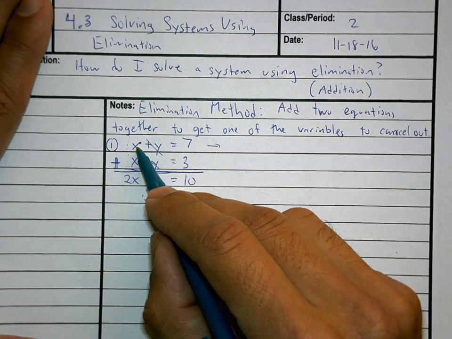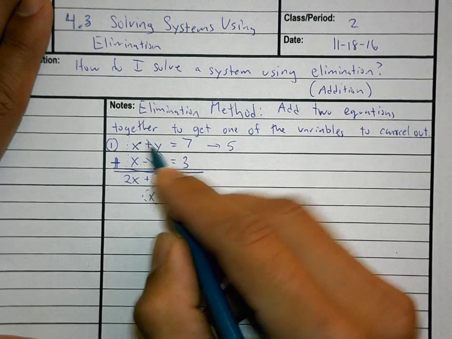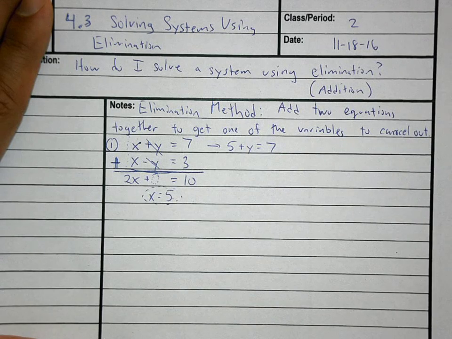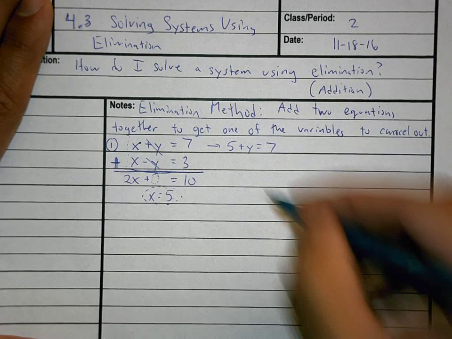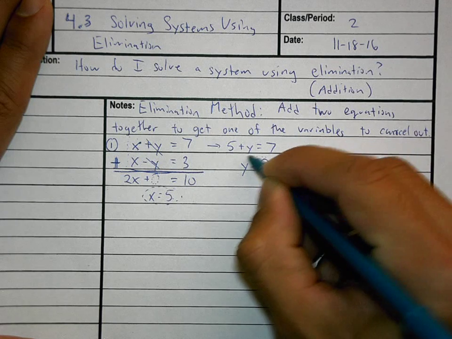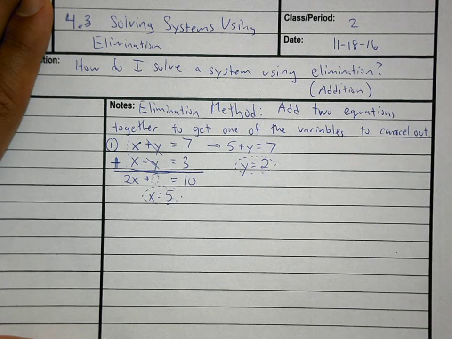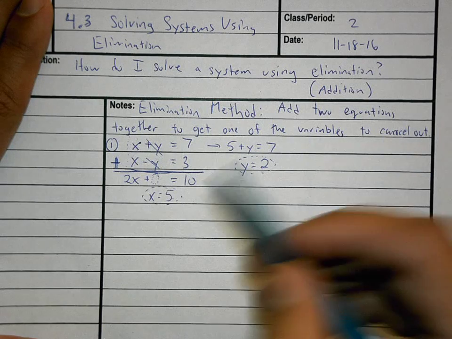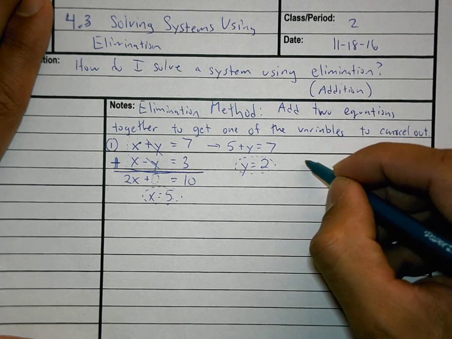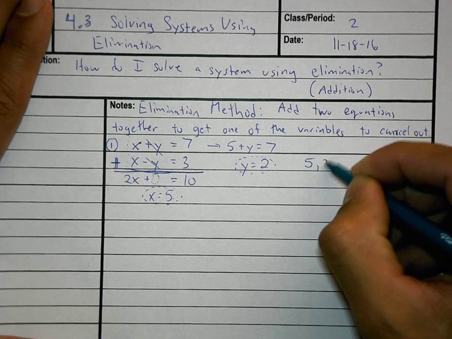Instead of x, I can write 5, because I know what that is, plus y equals 7. And I bet most of you know what the y is equal to now. Exactly. But that's not our final answer. That's half of our answer. Our final answer is the ordered pair of these two values, and it is 5, 2.